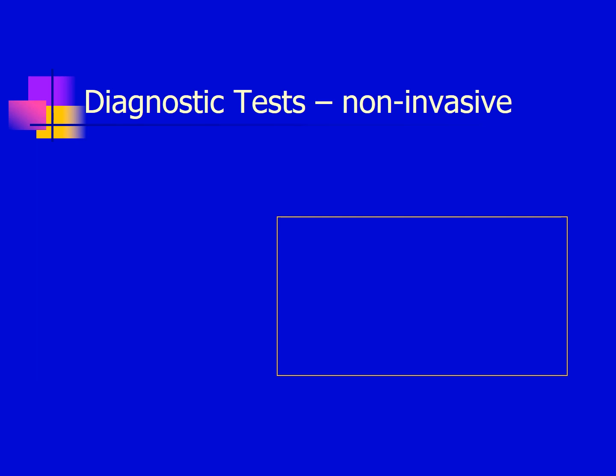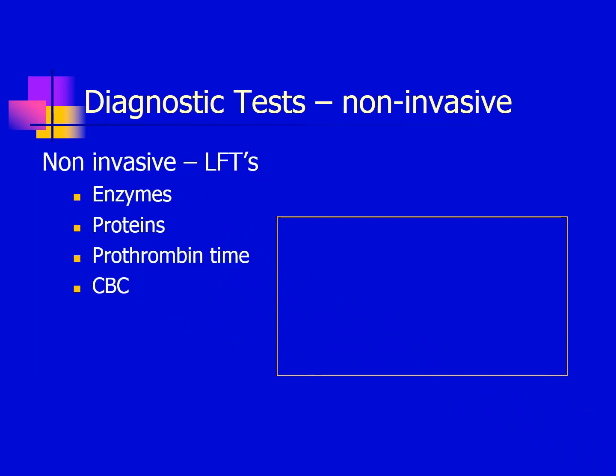All right, so now we're talking about diagnostic tests. First, there's always non-invasive, which is good because there's less risk involved with non-invasive procedures. So some of the non-invasive tests include LFTs, liver function tests. They're going to look at the enzymes, protein, prothrombin time, and complete blood count, right?